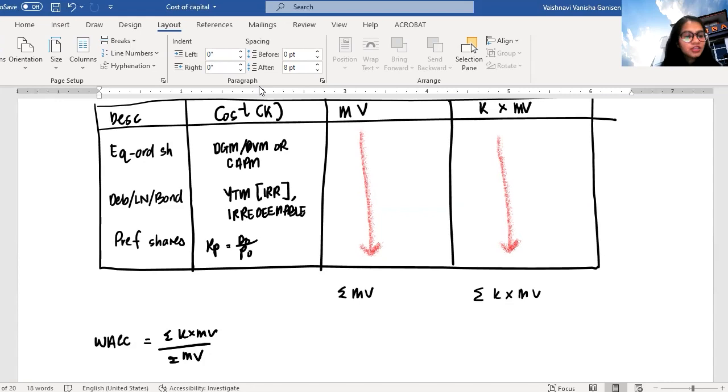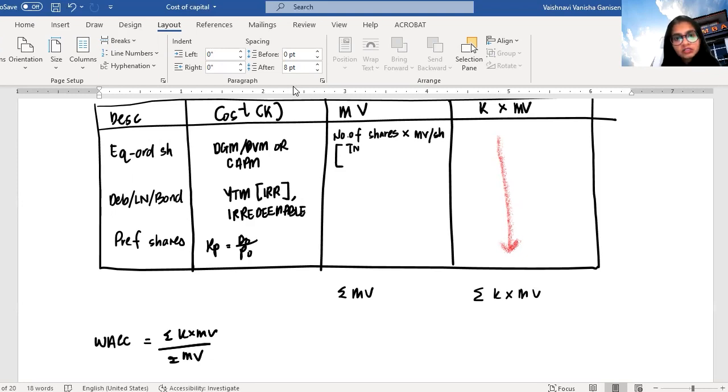Once you do this, guys, you will be able to get the total market values. So how do you get the total market value? Sometimes the examiner does not give you the total market value. So what you must do is take the number of shares multiplied by the market value per share. How do I calculate the number of shares?